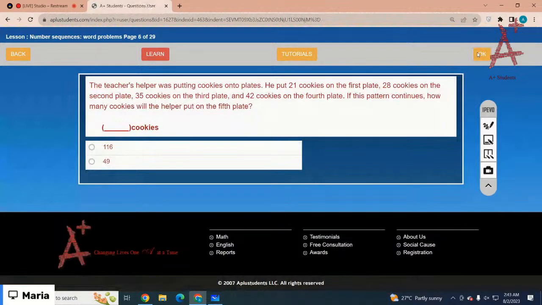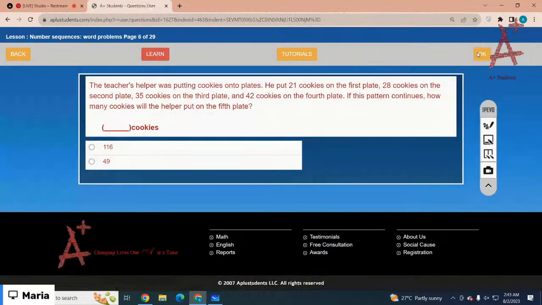The teacher's helper was putting cookies onto plates. He put 21 cookies on the first plate, 28 cookies on the second, 35 cookies on the third plate, and 42 cookies on the fourth plate. If the pattern continues, how many cookies will the helper put onto the fifth plate?